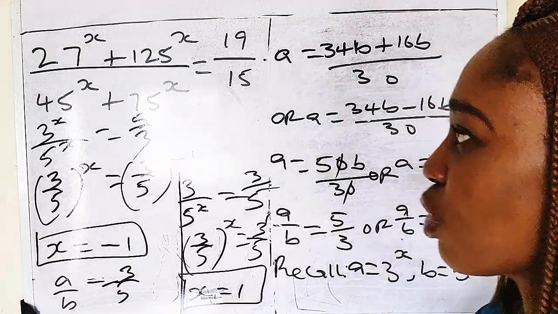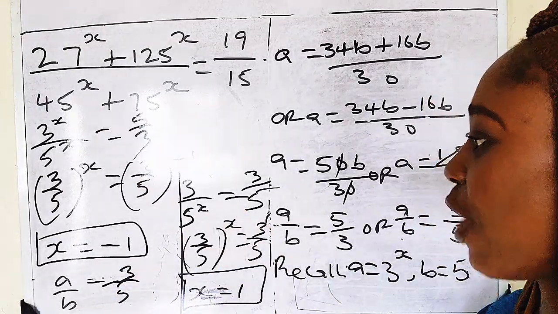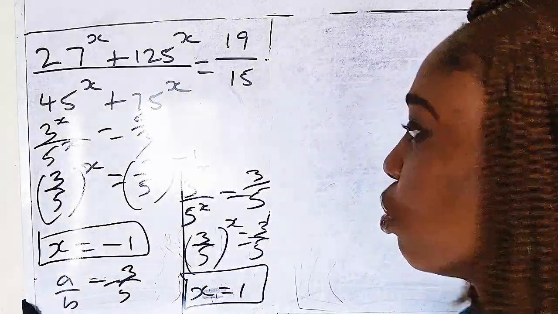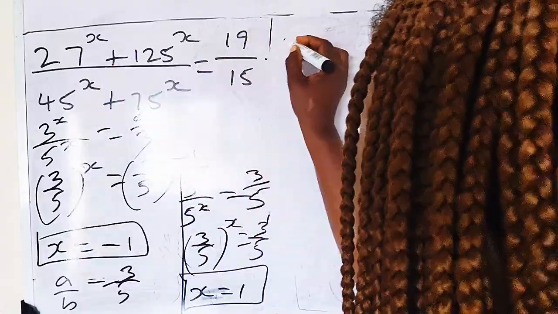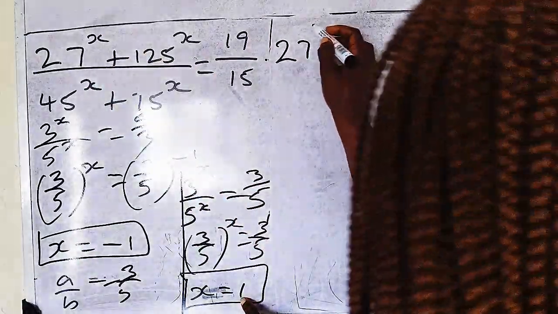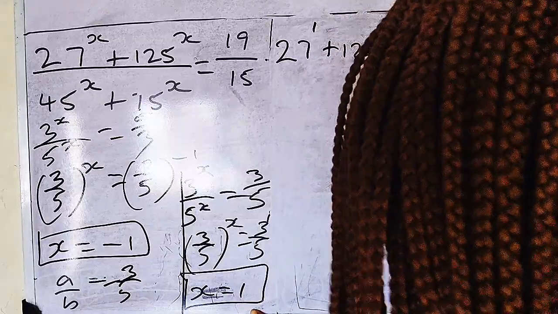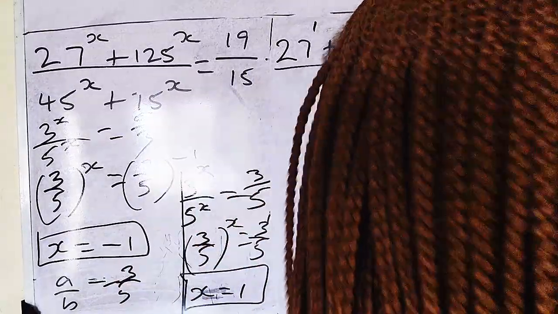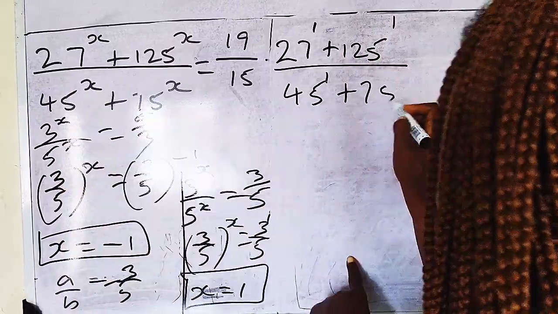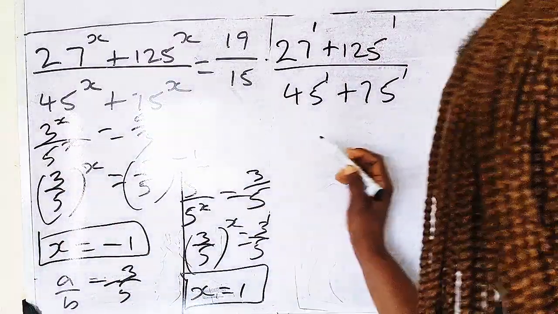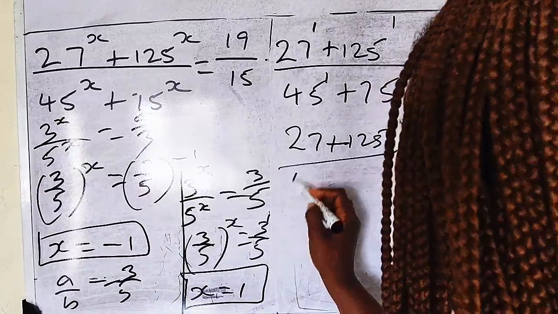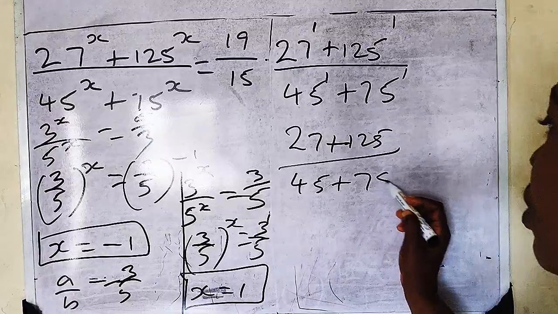As I said before, we'll substitute into our original equation to find out if our answer is correct. So, if we substitute, our original equation is 27 raised to power x plus 125 raised to power x, all over 45 raised to power x plus 75 raised to power x, saying that x is equal to 1. So we have 27 plus 125 all over 45 plus 75.